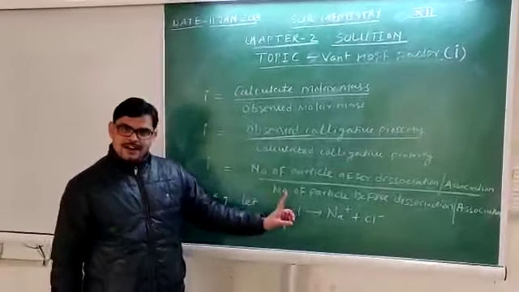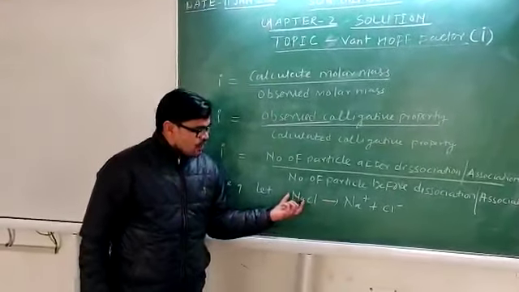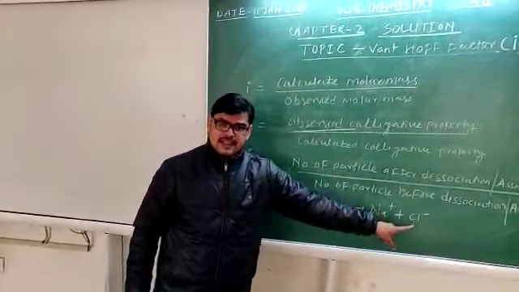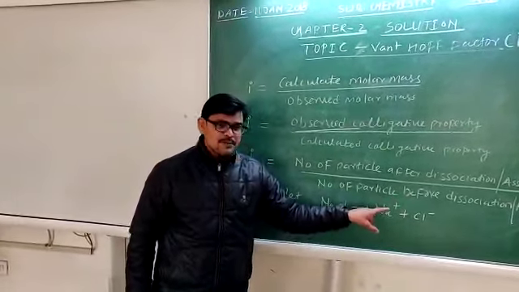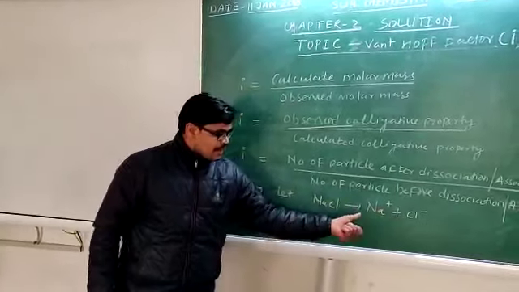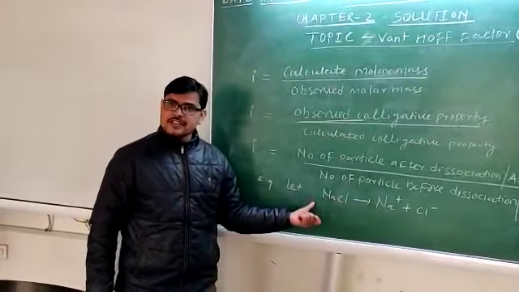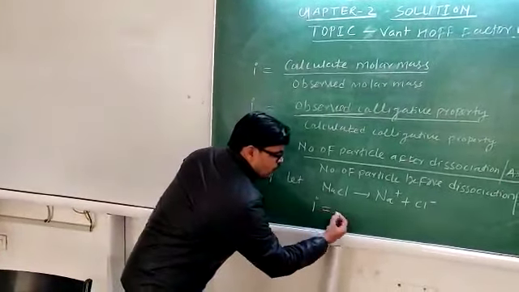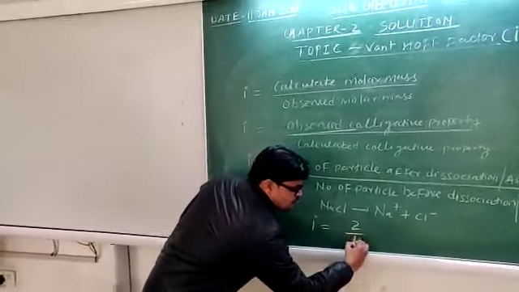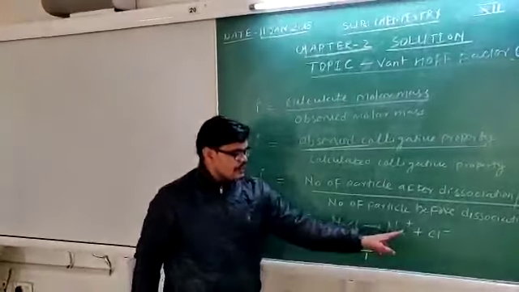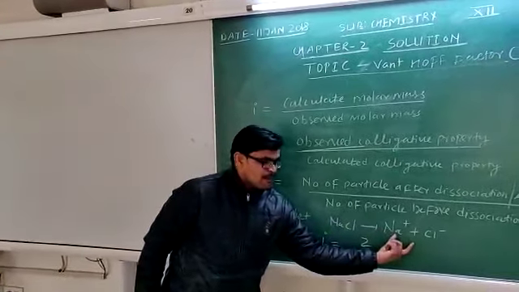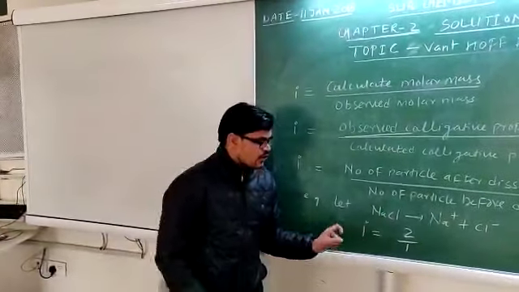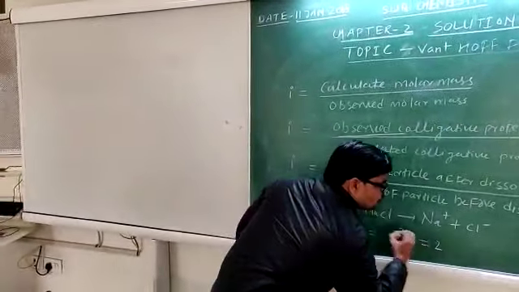Because when NaCl dissociates, it gives Na positive ions and Cl negative ions. So number of ions after dissociation becomes 2, and number of ions before dissociation is 1. So i equals 2 upon 1. Number of particles after dissociation is 2 and before dissociation is 1, so the van't Hoff factor i becomes 2.